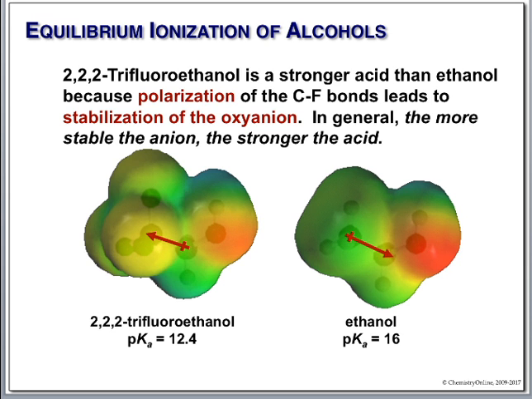In ethanol, the dipole is reversed. The electrons are sucked towards the oxygen. Here they're sucked towards the fluorines. Anything that stabilizes the anion makes it a stronger acid.